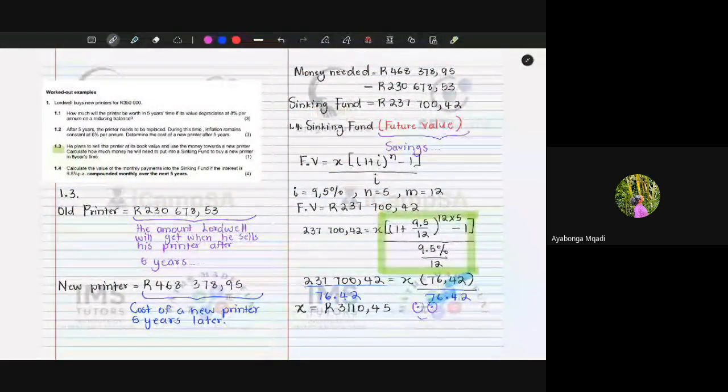Okay, so I have a second one. A loan is repaid starting in 5 years' time by means of 12 quarterly payments of 7,000. What is the amount of the loan if the interest is 24% per annum, compounded quarterly? So what problems are you facing there? The starting in 5 years' time.